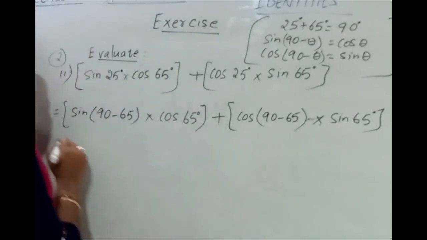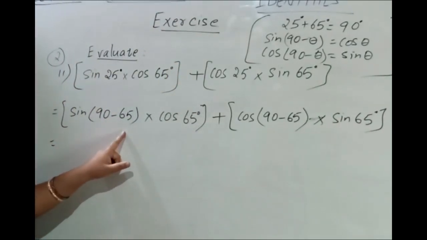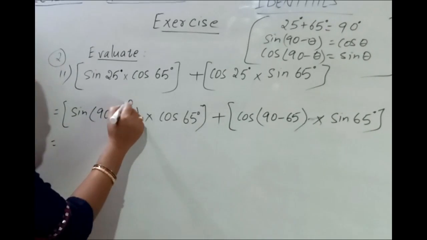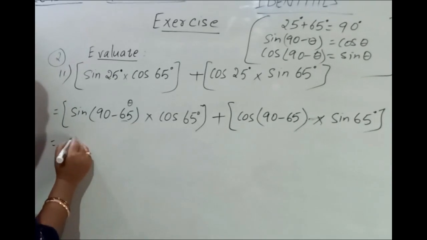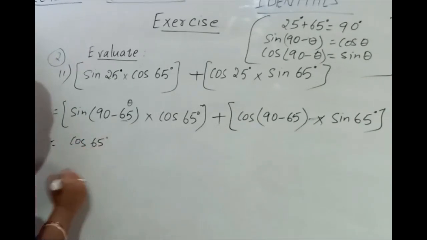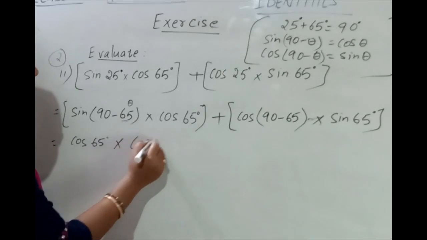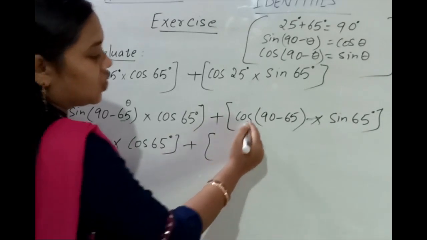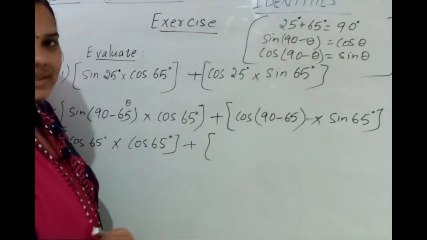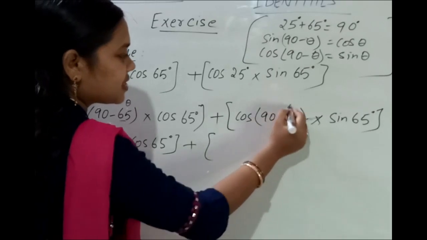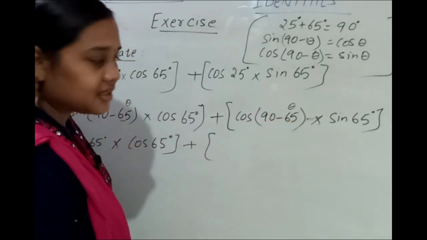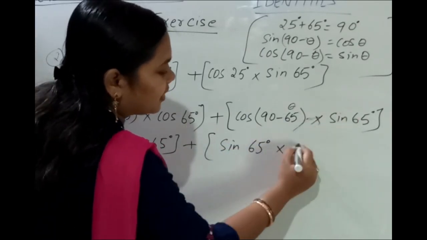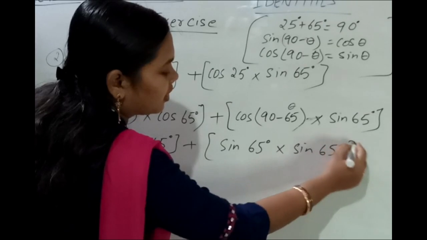Clear? Sin(90 minus theta) is cos theta, so cos 65 into cos 65, plus cos(90 minus theta) is sin theta, so sin 65 into sin 65.